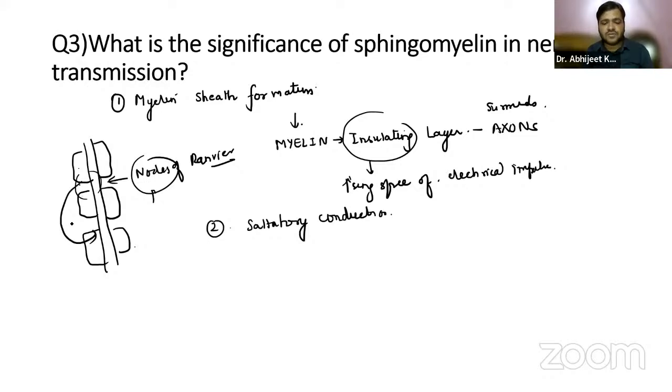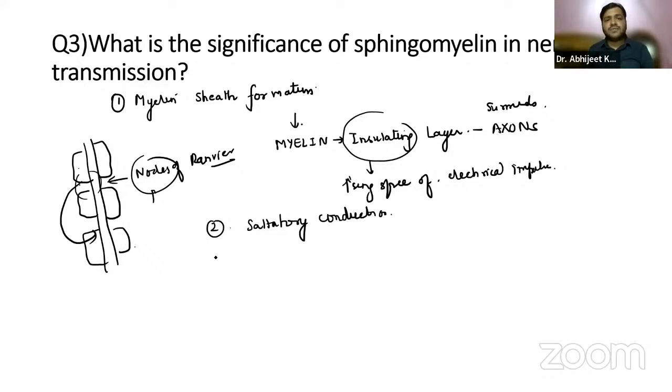Automatically, they increase the conduction velocity of nerve impulses as compared to unmyelinated ones, so there can be more efficient communication between the nerve cells. That is something you have to remember.